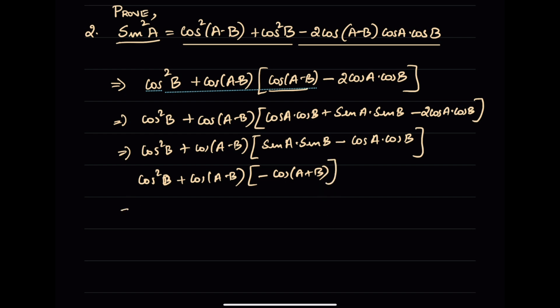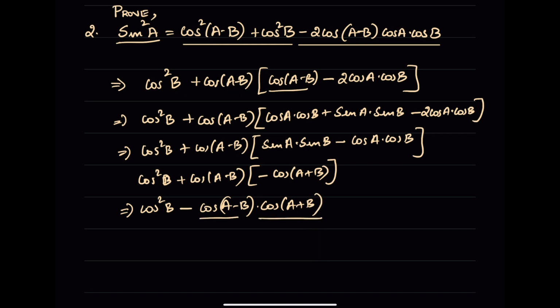So this will change to cos square B minus cos of A minus B multiplied by cos of A plus B. Now cos of A minus B multiplied by cos of A plus B would be cos square B minus sin square A. So that is a formula. Please refer to the formula sheet in the previous videos that we have listed out.